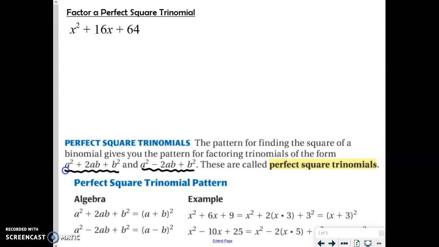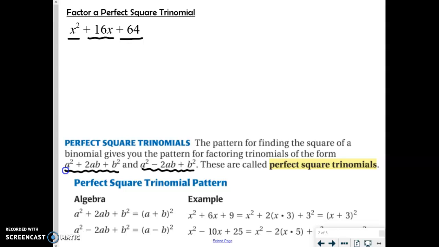In other words, the first term must be a perfect square, which in this case x squared is. The third term must be a perfect square, which in this case 64 is. And the middle term has to be 2 times the square root of the first times the square root of the third. The square root of x squared is x, the square root of 64 is 8, and 2 times 8 times x is 16x.